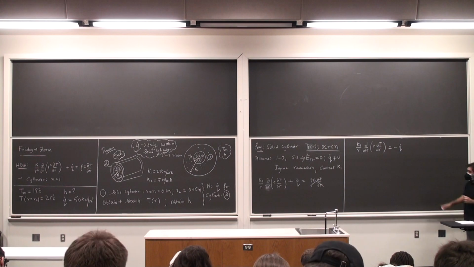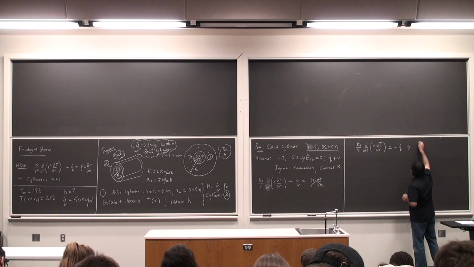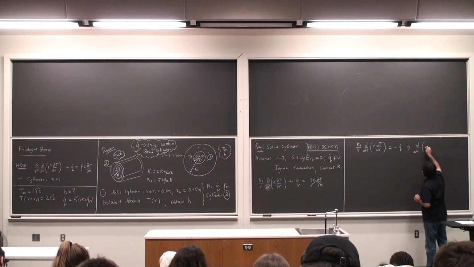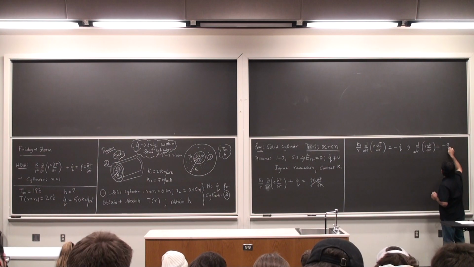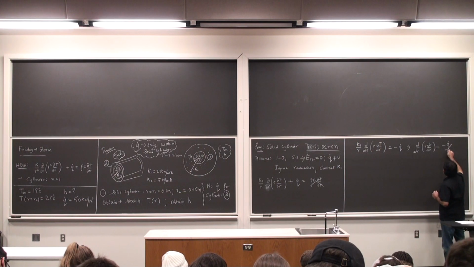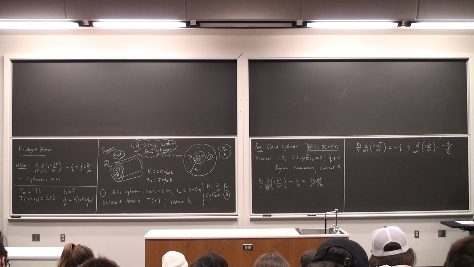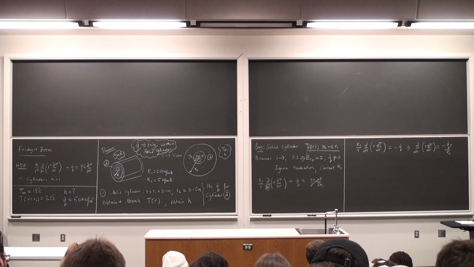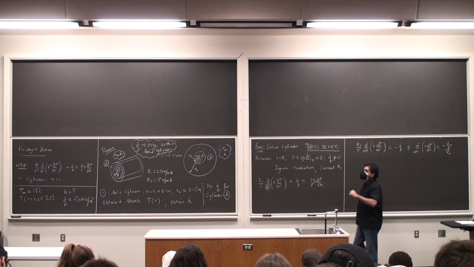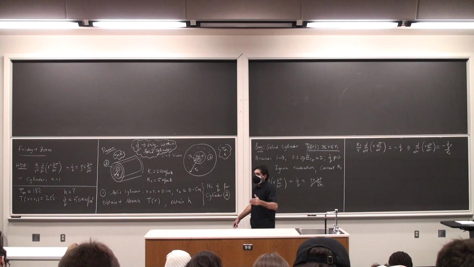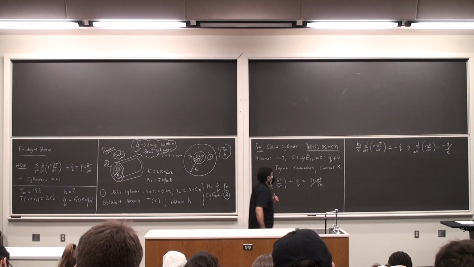Cross multiply. So that's d by dr of R dT by dr equals minus Q dot R by K1. Integrate once, integrate twice, I get the slope, I get the temperature profile. So integrate once.